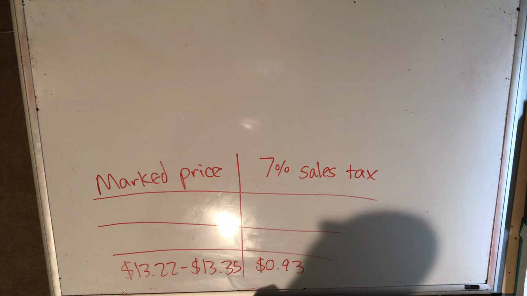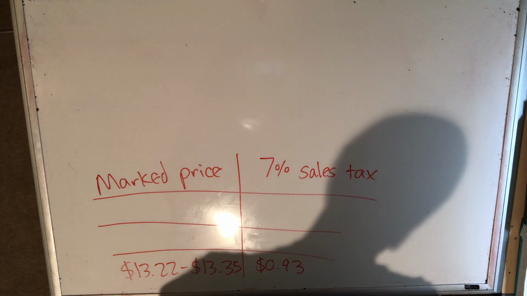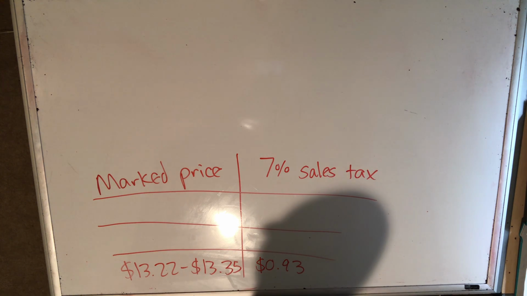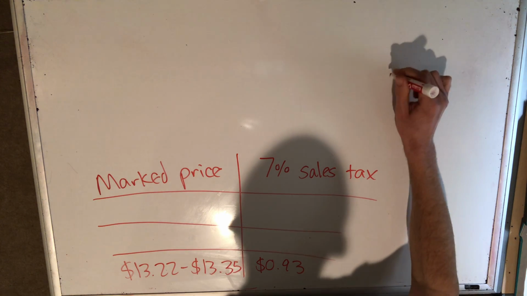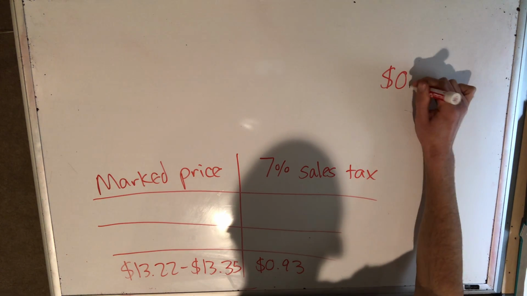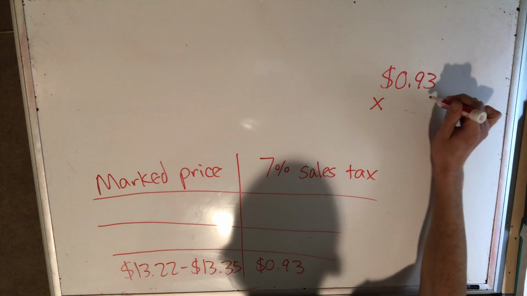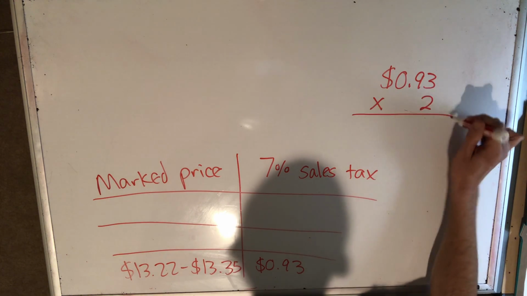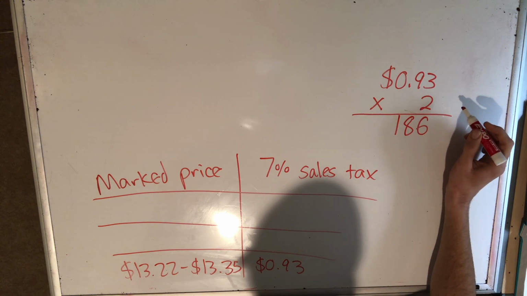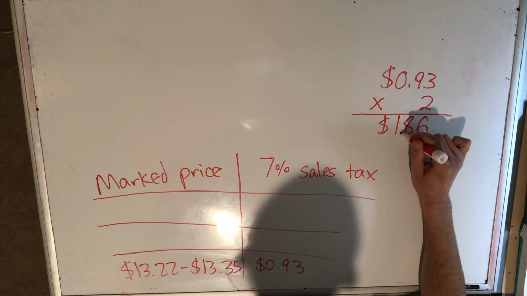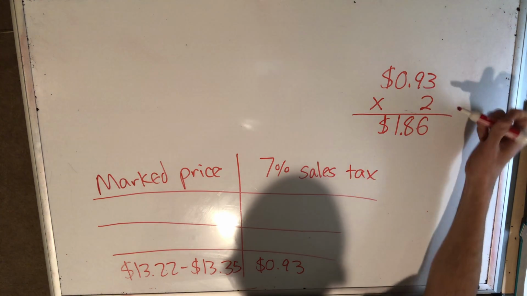Now, to find the amount of sales tax for the two shirts marked $13.25 each, well, it's $0.93 times the two shirts, which is going to be $1.86. 2 decimal places total in the multiplication problem, so 2 decimal places in the answer.